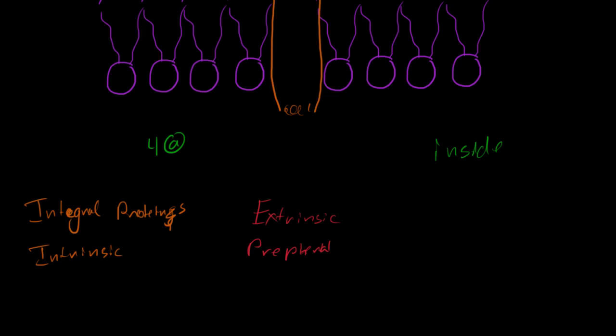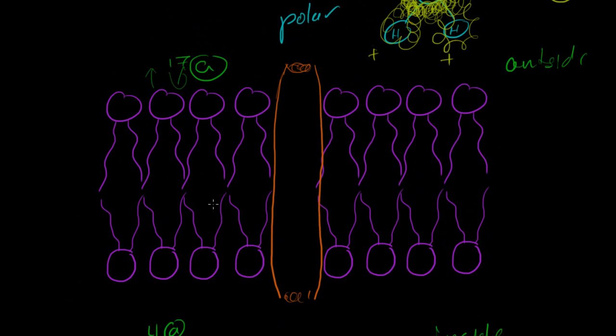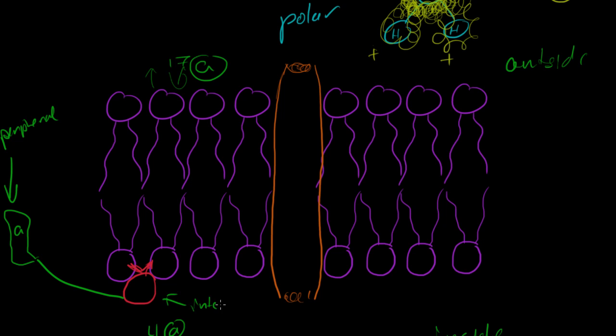Peripheral, which basically means that if there was a protein attached directly to this membrane, a peripheral protein is one that's kind of dangling off of it. So this protein is peripheral, this is integral.